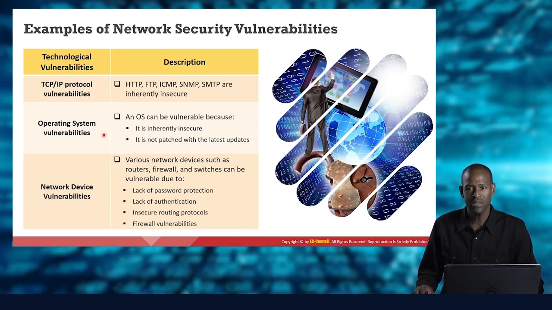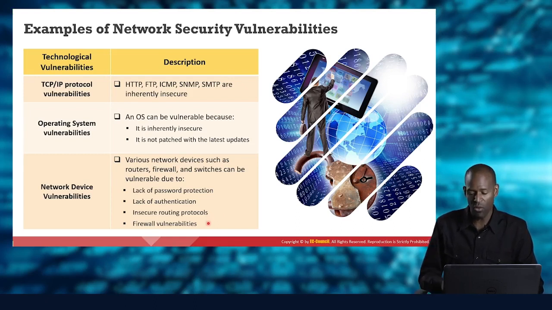We have operating systems that are vulnerable because they can be inherently insecure or they're not updated. We have networks that can be vulnerable because there's no good password protection. You're allowing people to create three or four character passwords without any complexity, or maybe there's open logins without any authentication, or maybe they're using routing protocols on the network that are insecure, and the routing updates can be sniffed and you can get information about the network.